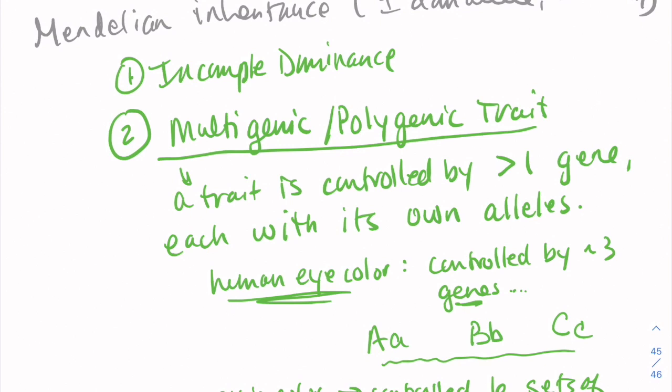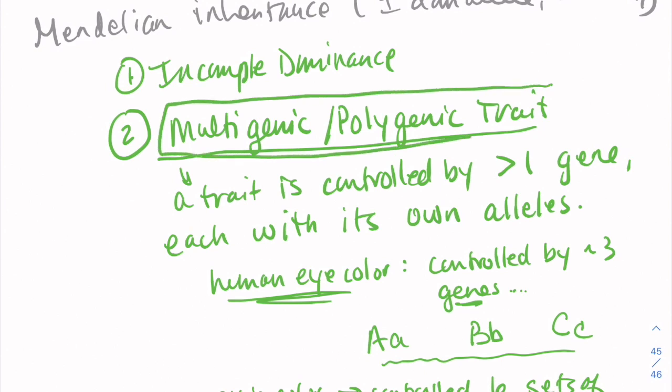For example, a very, very pale-skinned person having children with a very, very dark-skinned person, all of their children would be somewhere in between, would have a medium skin tone. But when 2 people of medium skin tone have children together, they can have children with a skin tone ranging from very light to very dark. So it's very complex. This is a multigenic, polygenic trait.